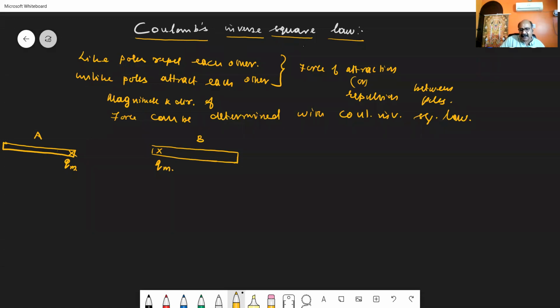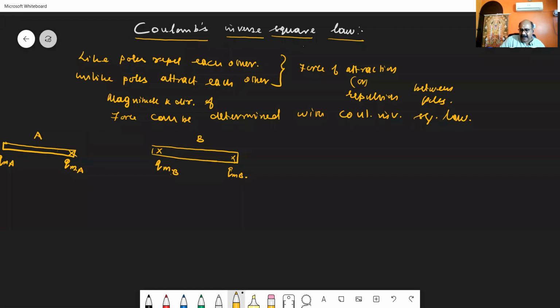The pole strength of bar magnet A is QmA at one end, and the other end also has the same value. For magnet B, I am considering the pole strength at this end as QmB, and the other end also has the same value QmB.